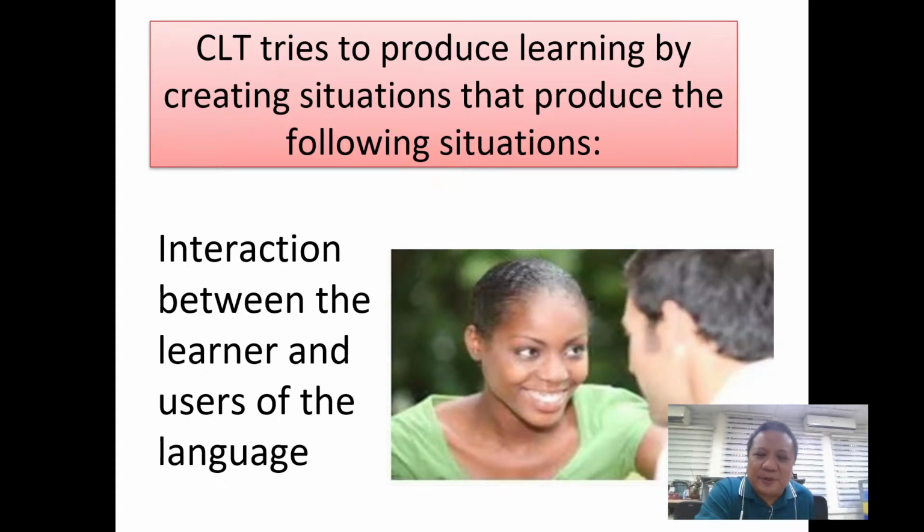CLT prescribes the idea of having the learner interact with users of the language. So this is somewhat built on Lev Vygotsky's idea that a learner can benefit well by interacting with a much more knowledgeable person.